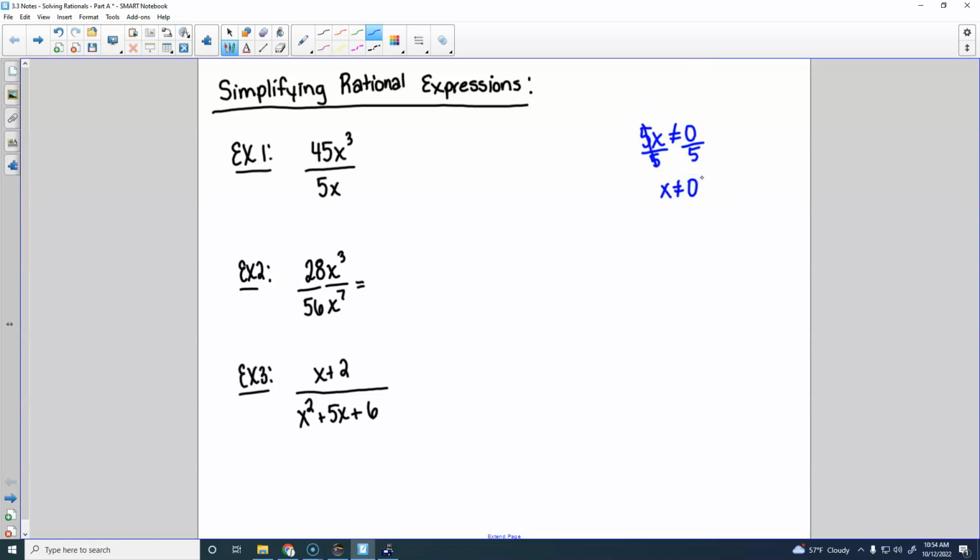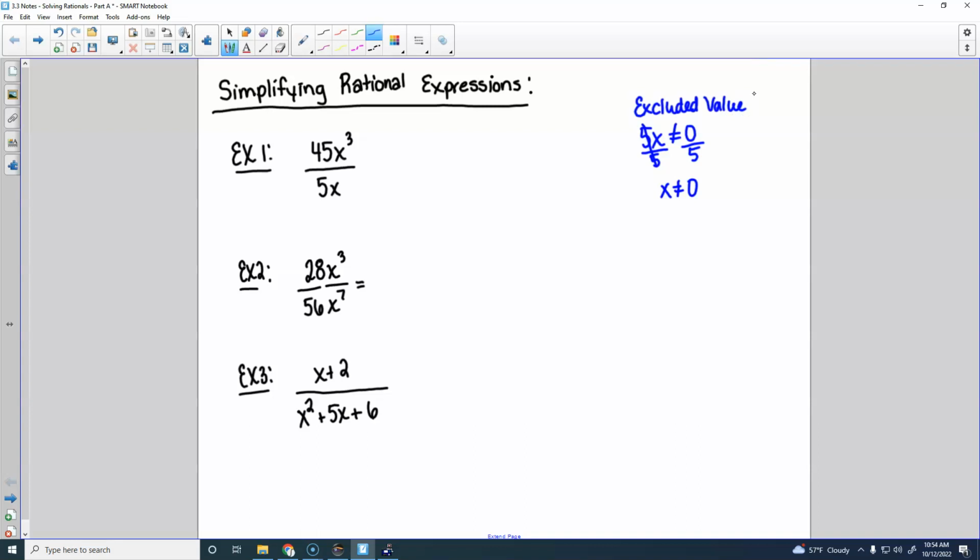So whatever we get as our simplified expression, we need to add to it that x cannot equal 0. Because what's going to happen on a lot of these is that the denominator might cancel out completely, and it might look like 0 is okay, but it's really not. So this is our excluded value. We cannot plug in 0 to this.